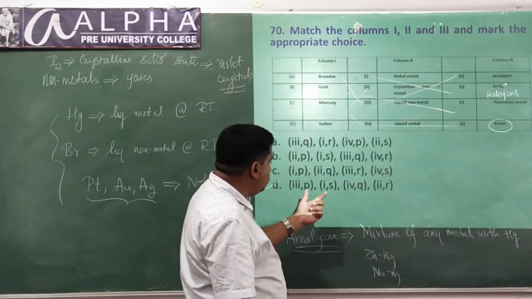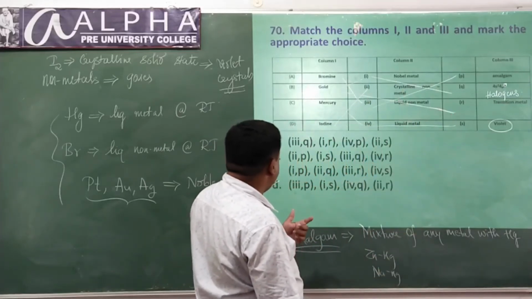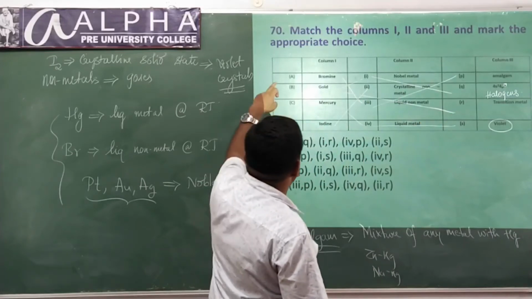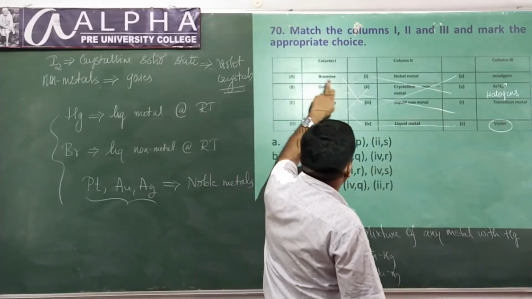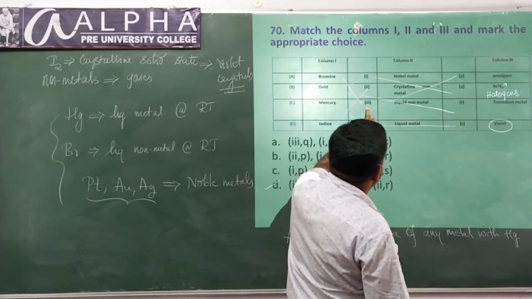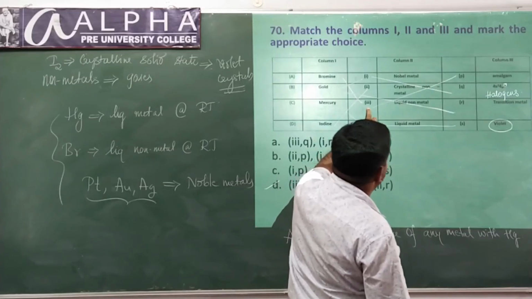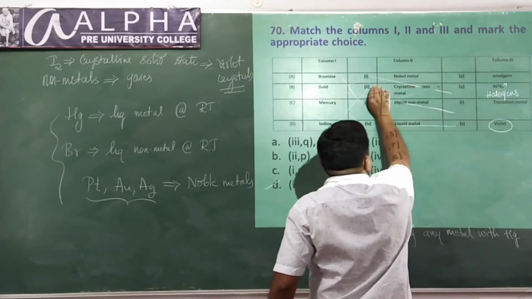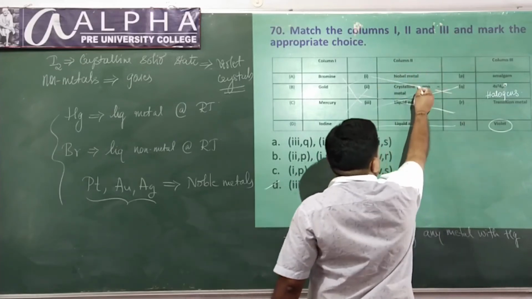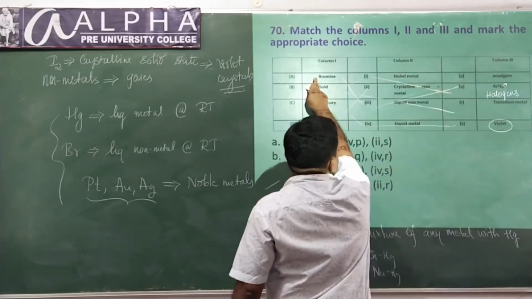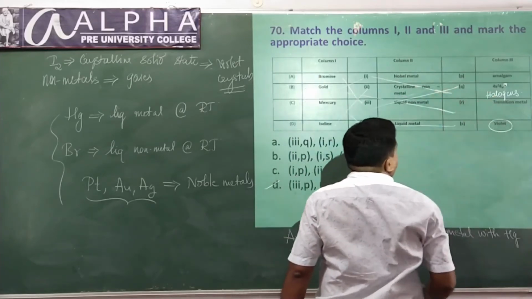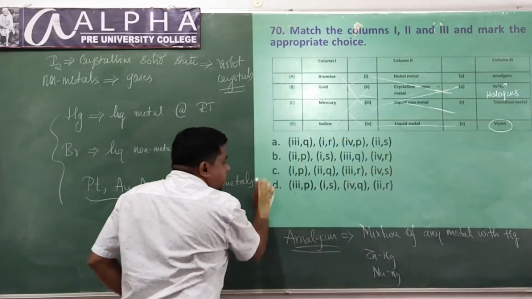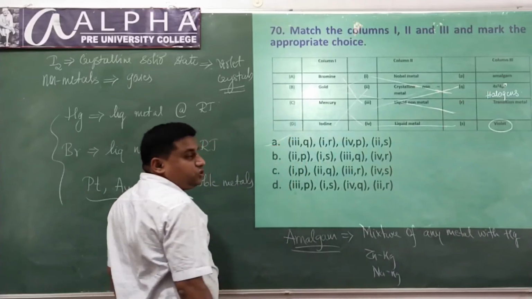Bromine is matched to 3 and 3 is matched to Q. I told you bromine is a halogen and its outer electronic configuration is 4s2 4p5. Therefore, this is not the correct answer.